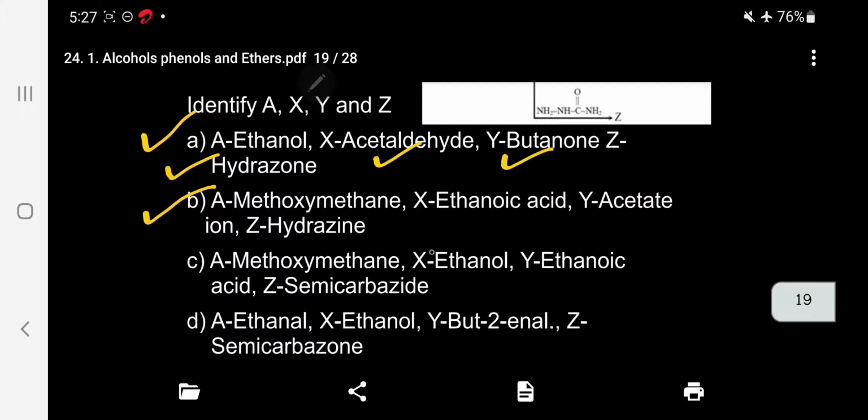B, methoxymethane, X, ethanoic acid, Y, acetate ion, Z, hydrazine. C, A methoxymethane, X, ethanol, Y, ethanoic acid, Z, semicarbazide. D, A ethanol, X, ethanol, Y, butenol, Z, semicarbazone. So what is the correct option?